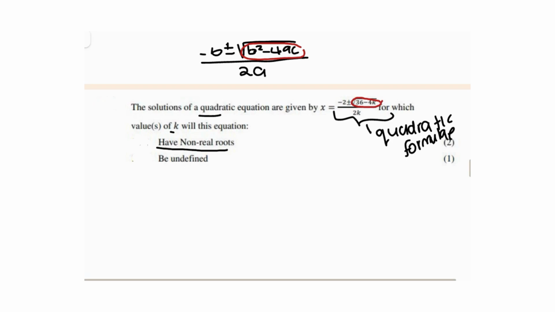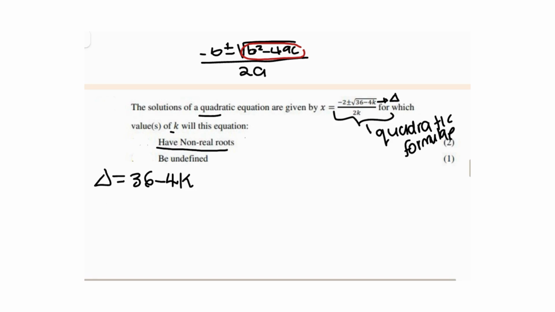I'm just going to come back here and say our discriminant is 36 minus 4k. Every time there's a value under the square root in the quadratic formula, even though it's not b squared minus 4ac, as long as it's under a square root, it represents your delta.